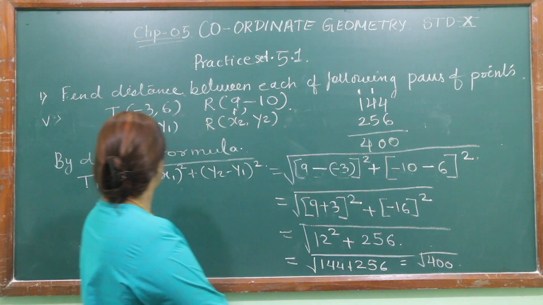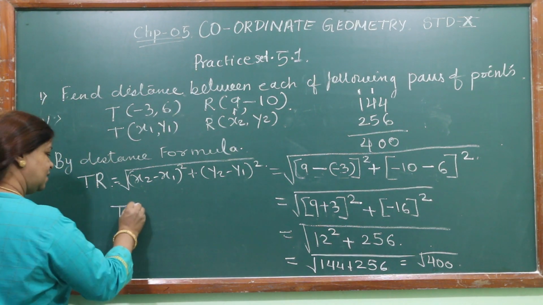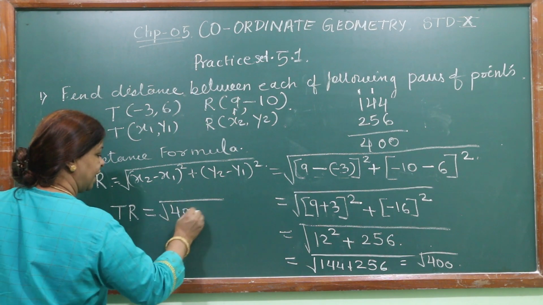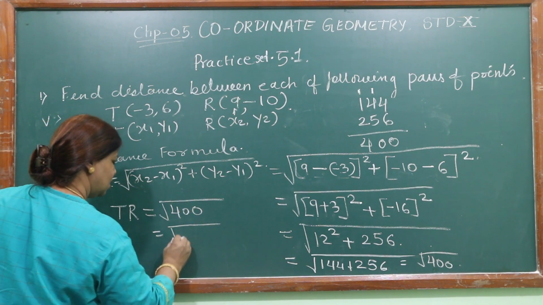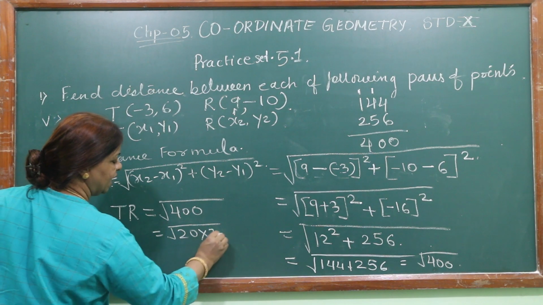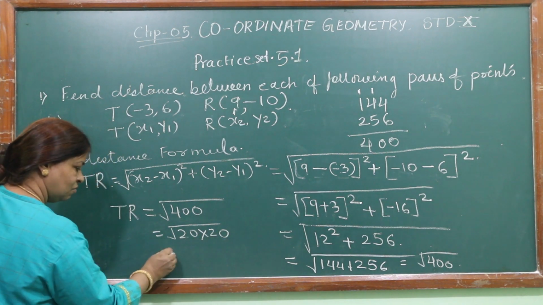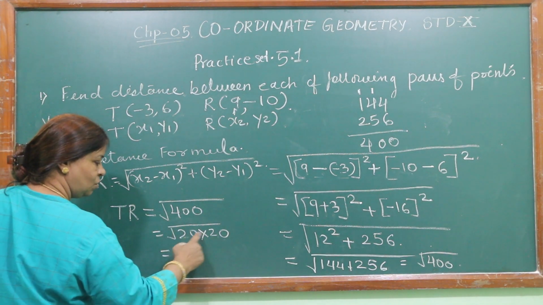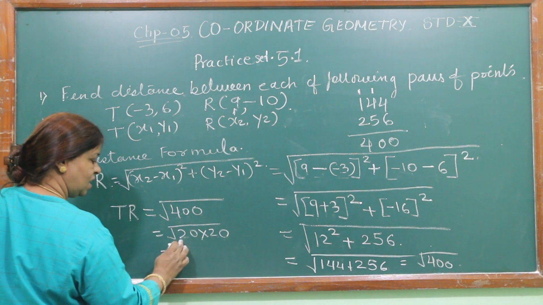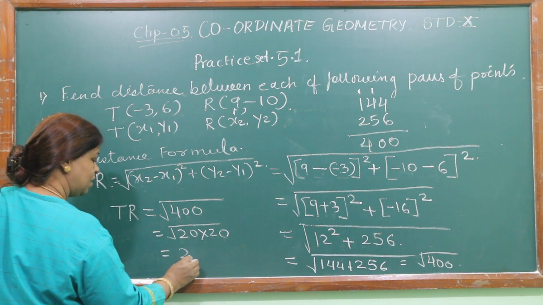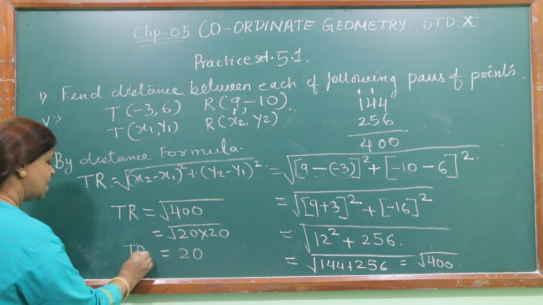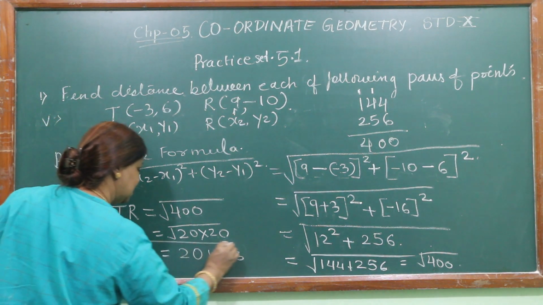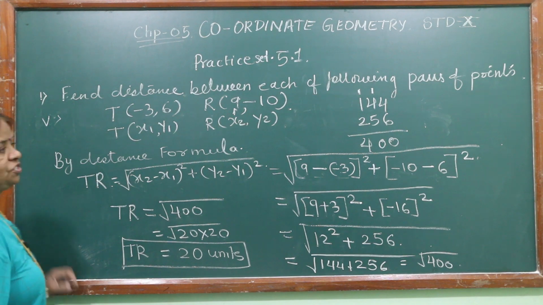So we are getting TR as TR is equal to under the root 400, which can be written as 20 into 20. 2 times 20, 400 means 20 into 20. See, 2 2s are 4 and how many 0? 2 0. So it will come out as 1 time. So TR is equal to 20 units. Distance between T and R is 20 units, children.